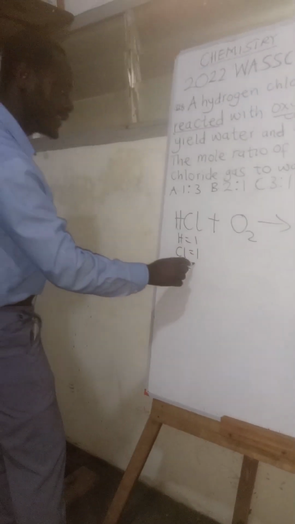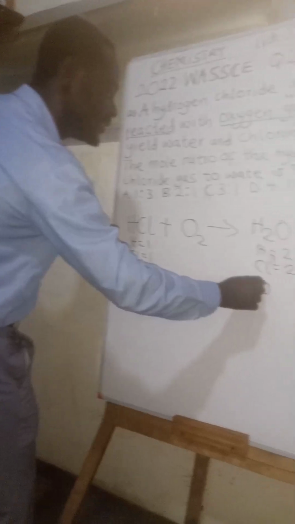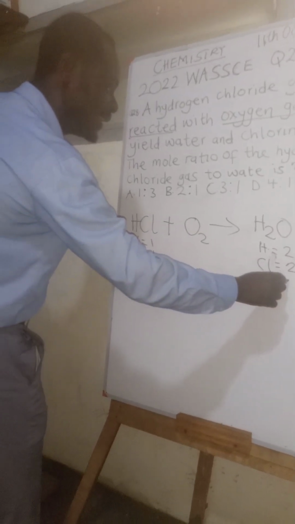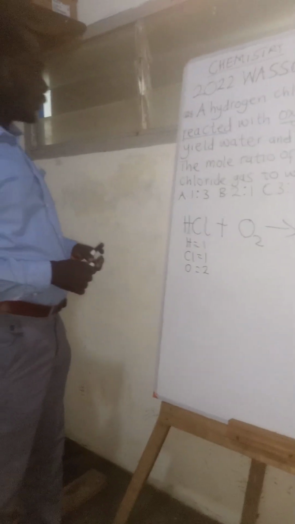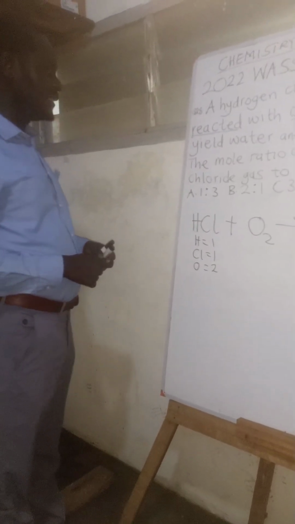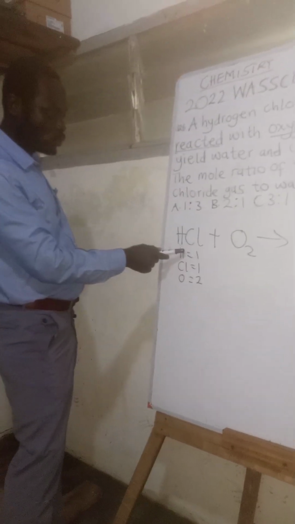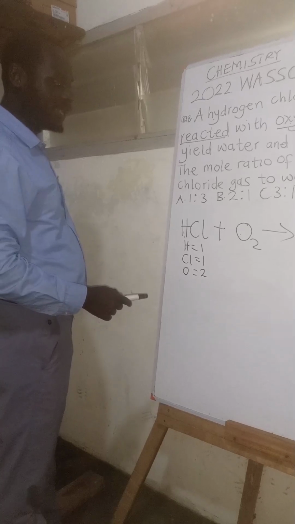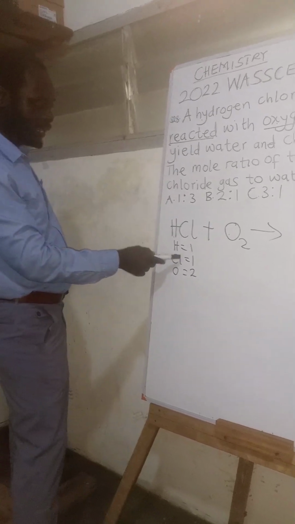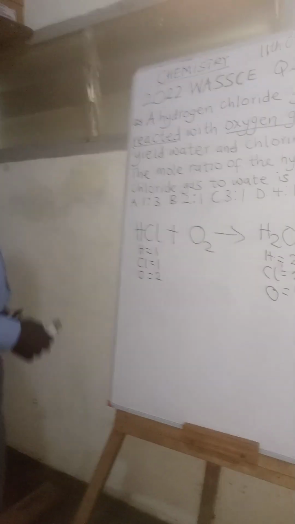Oxygen at the reactant side is 2, and oxygen at the product side is 1. So looking at the number of atoms of each element, you can see that the equation is not balanced.